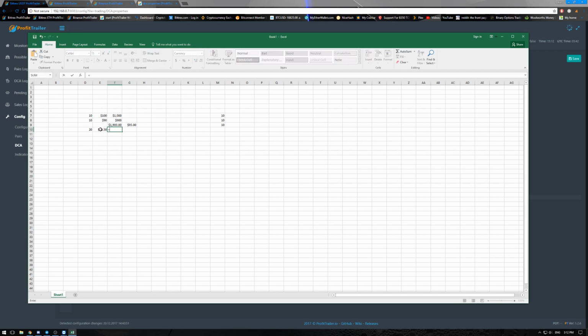And that equals $1,700. So now we have a total of $3,610 worth of that coin. After 2 DCAs, we've gone from 1,000 up to 3,500. You can see how quickly it depletes your balance.